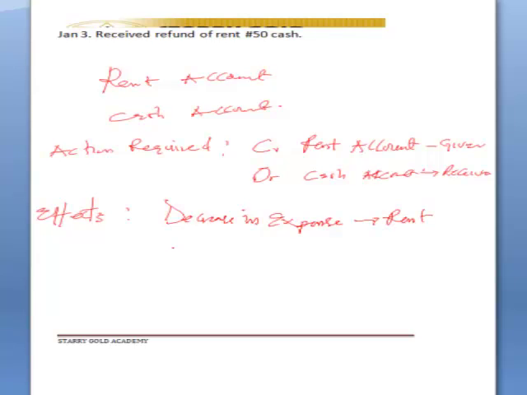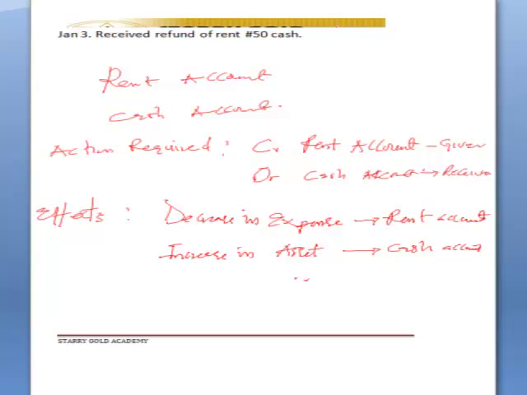Then there is an increase in assets, and that asset here is cash account. So that will be the entry for January 3, received refund of rent.